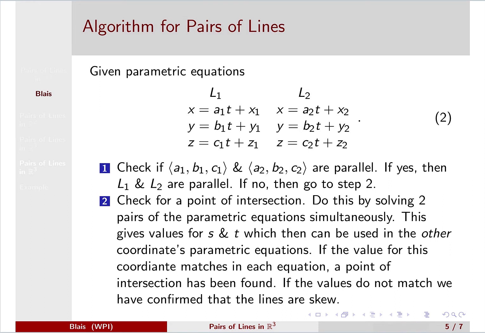Oftentimes you'll pick, say, x and y. And you solve those two pairs of equations simultaneously. When you solve them simultaneously, what has happened is you have found an intersecting point for the projection of the lines into the coordinate plane defined by the two variables that you chose for these parametric equations.